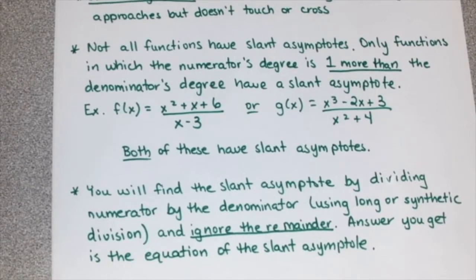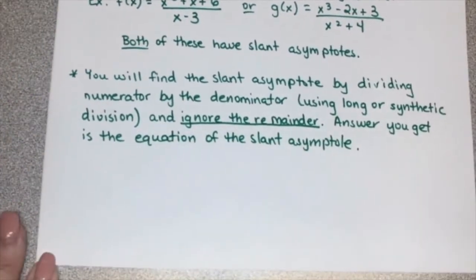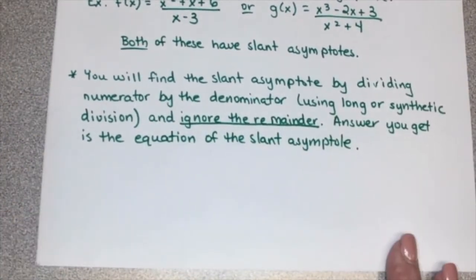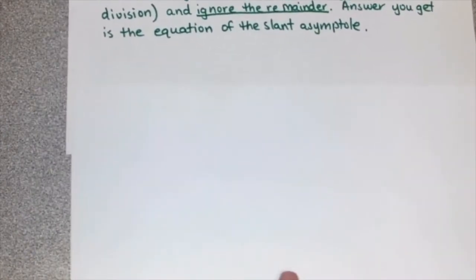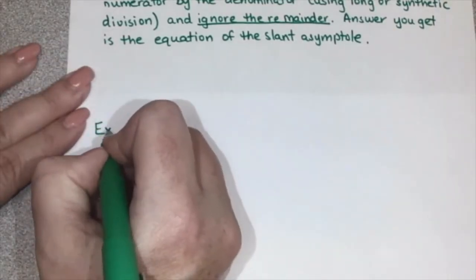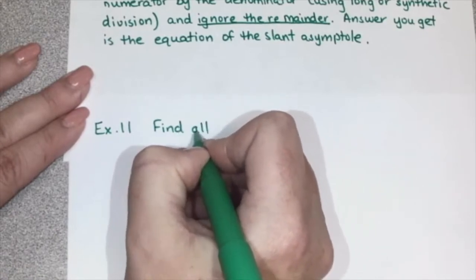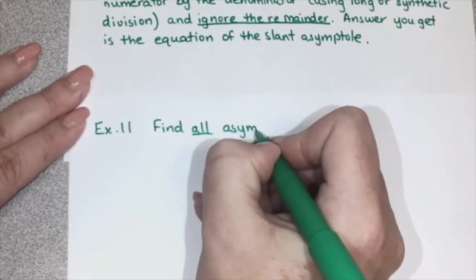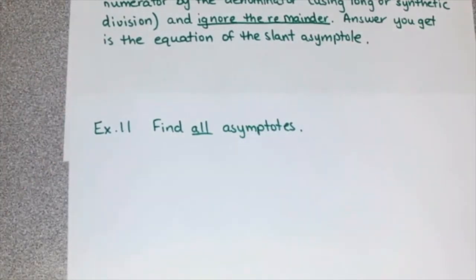For slant asymptotes, we're not going to be all that concerned about it. So just know that vertical and horizontal asymptotes are more common, okay, but it doesn't mean we don't need to know how to find the slant asymptotes also. So I want you to be able to, for test 2, find all the asymptotes, even the slants if it has one. I'm going to sketch for you what they look like just so you can visualize it, but I'm not going to expect you to graph it on test 2.